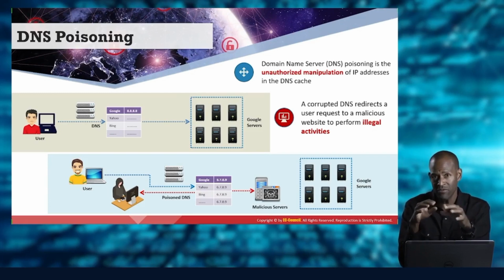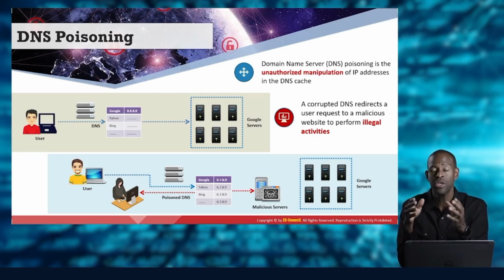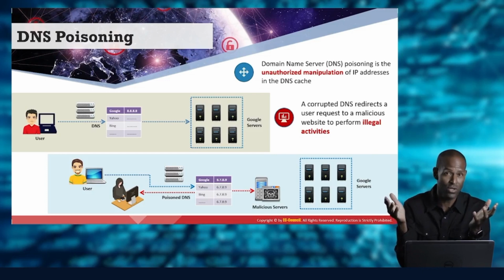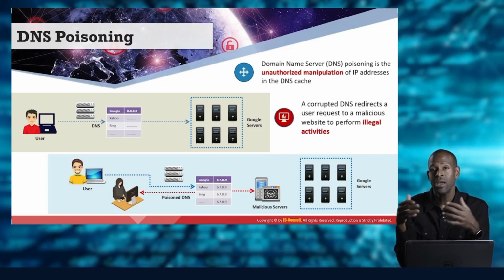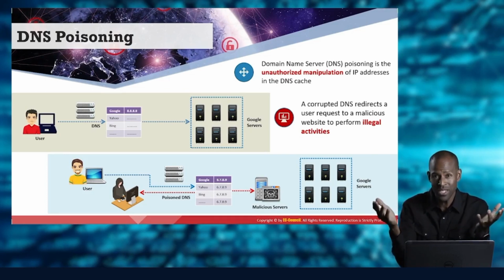That FQDN has a specific IP address associated with it. So if I type in dev.microsoft.com and I look for it, a DNS server might be called to provide me with the IP address. I don't memorize 32-bit binary IP addresses. I just don't usually do that. Nor do I memorize 128-bit binary IPv6 addresses.